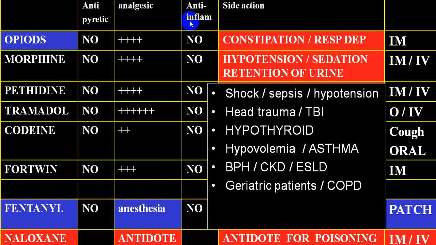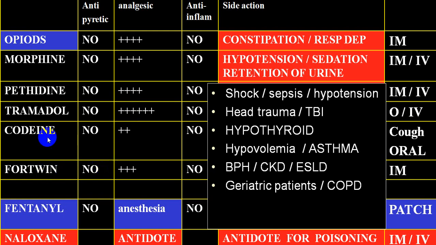So combining all the compounds together, you can see that all these are analgesics, but the most powerful is tramadol. Morphine and pethidine are less than tramadol. But codeine is a weak analgesic.